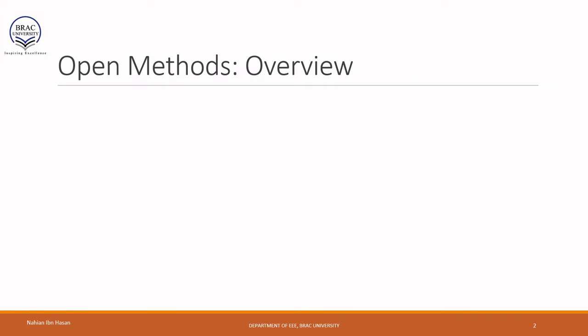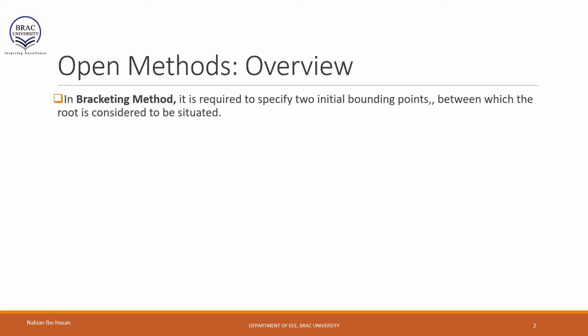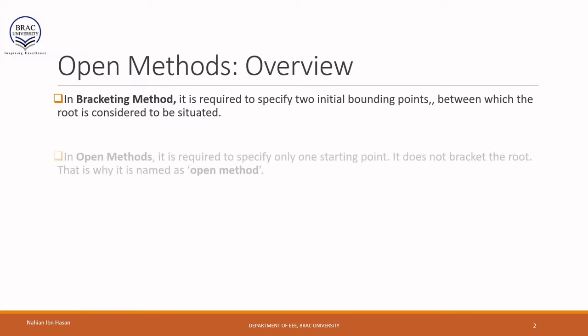There are some differences between bracketing methods and open methods. In bracketing methods, we had to initially define two boundary points, and we were pretty much sure that within the boundary points there should have been at least a single root. That's where the open methods differ. In the open method, we need to specify just a single starting point.